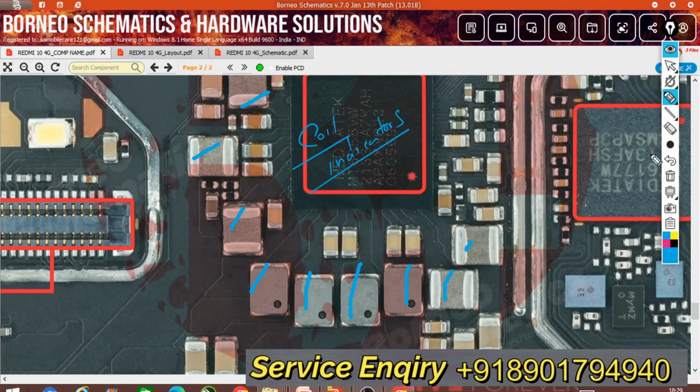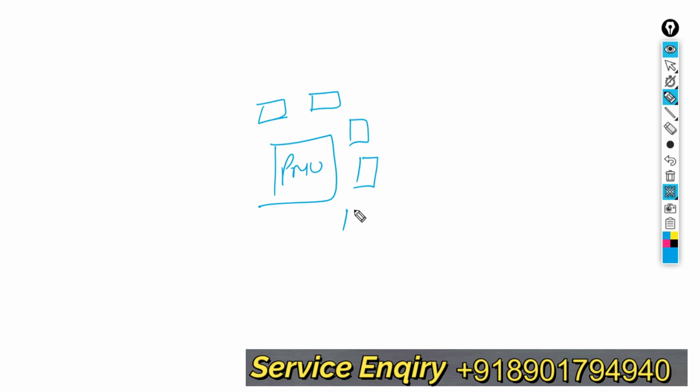right? First of all, for those who are beginners, let me tell you how to identify a PMU. If a phone comes to you with no schematics or no hardware solution, how do you identify the PMU? Let's say a phone comes to you with a single power, dual power, or triple power. A simple rule to identify the PMU: like this is a PMU. There are multiple chips on the motherboard, but near the PMU you will see multiple buck inductors, not one or two, multiple.